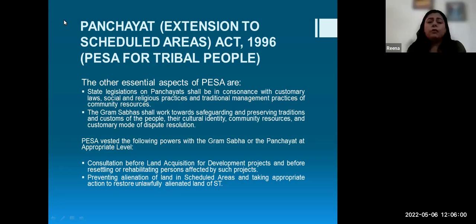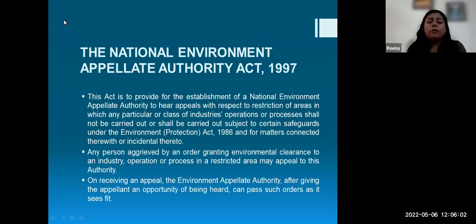Then the Appellate Authority Act. Here, appeals are made with respect to the restriction of areas in which any particular class of industry shall not be carried out. So if any industry is causing any kind of pollution in an area where tribes are located, PESA will also be implicated. Then the Environment Protection Appellate Authority Act will also be implicated.